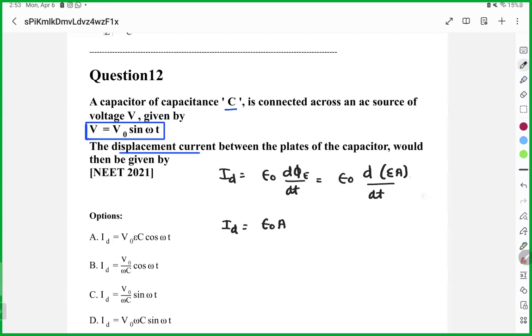If you multiply and divide by length, epsilon naught A E by d will come out, correct? And it will be dV by dt, the potential. Any doubt?